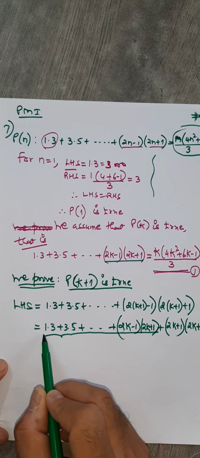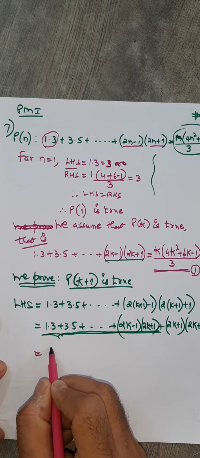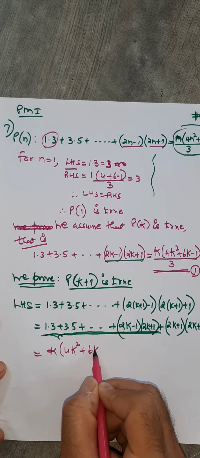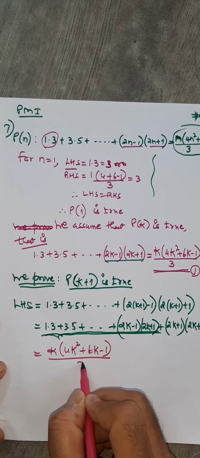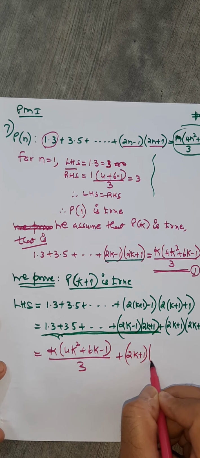Now you simplify this much here. We put the value of this much from 1 and then we'll simplify. So by 1, what are we getting? This equals k into 4k square plus 6k minus 1 upon 3, and the last term as it is, 2k plus 1 into 2k plus 3.